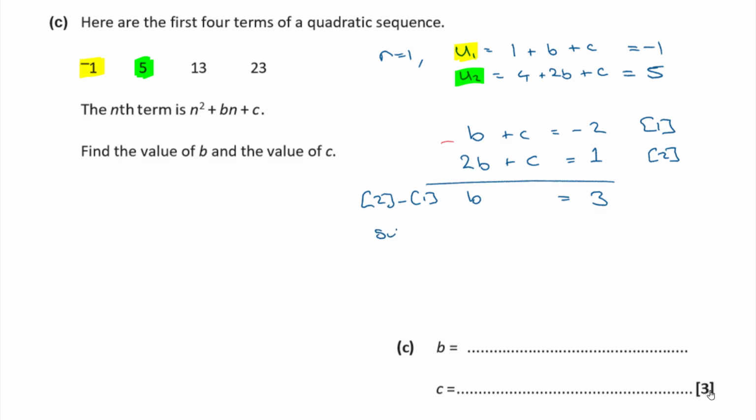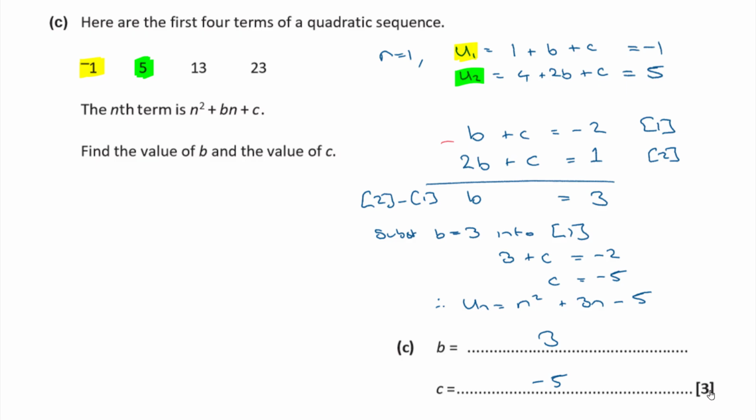Then substituting b is equal to 3 into equation 1 again, I'm going to get 3 plus c equals -2. So that makes c equal to -5, doesn't it? So therefore our nth term is going to be n squared plus 3n minus 5. That means that b was 3 and c was -5.